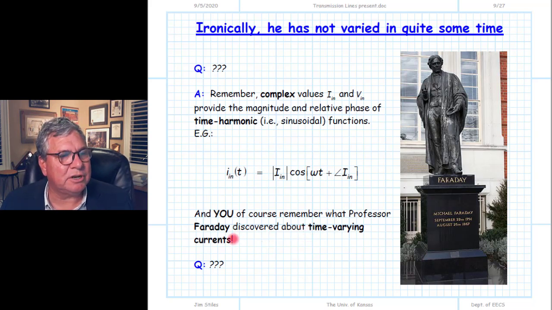The physics associated with a time-varying current was discovered or published by Michael Faraday.